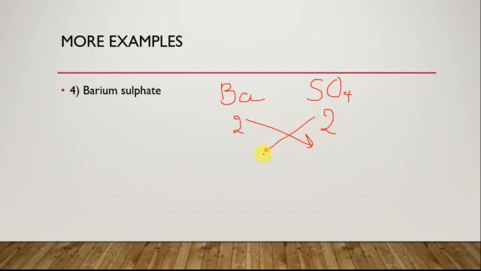So you will write 2 and this is also 2. Next step, simplification. Again 2 and 2 we may simplify it as 1 and 1. Brilliant. So the formula for barium sulfate will become BaSO4. Great.